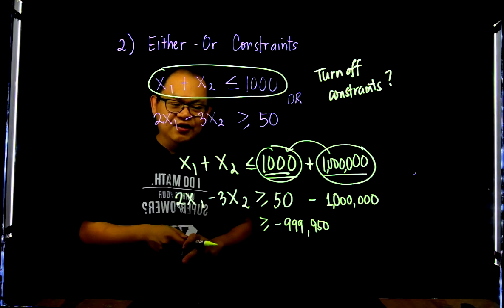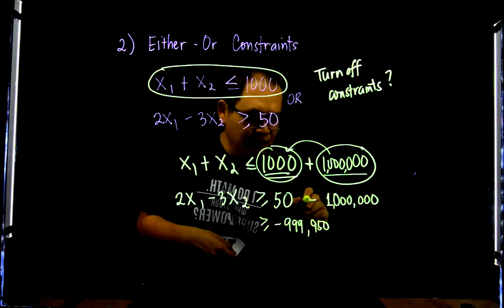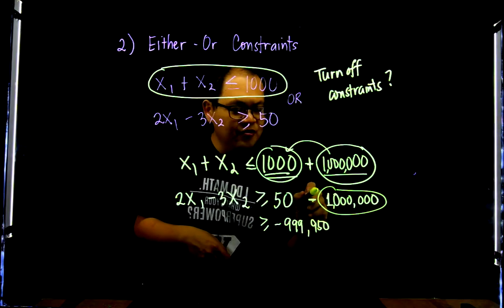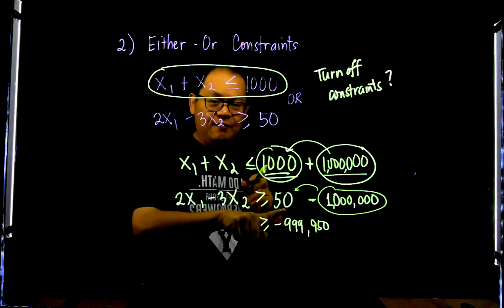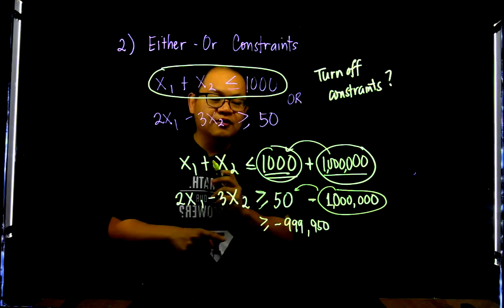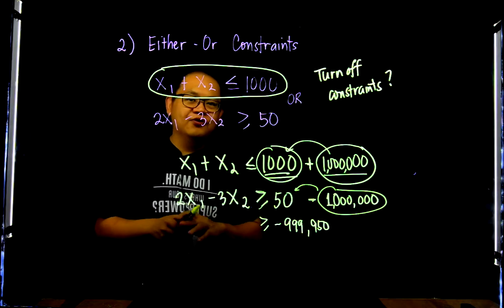So what is the lesson here? The lesson here is if you remove or you subtract a very big number from your right-hand side requirement, no? And why is this a requirement? Because this is a greater than or equal to constraint, then you can technically turn off your constraint.